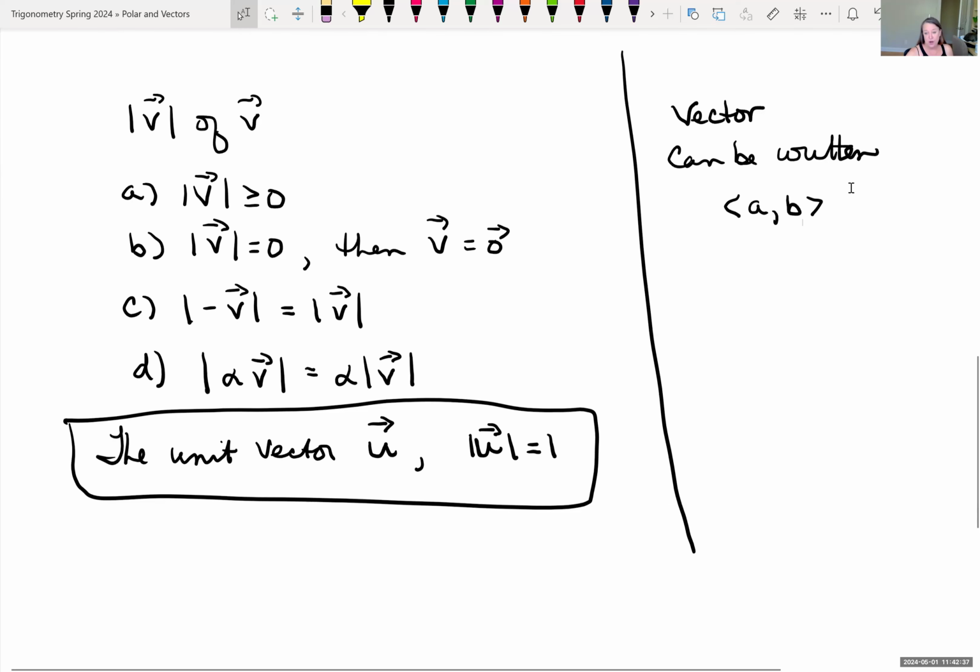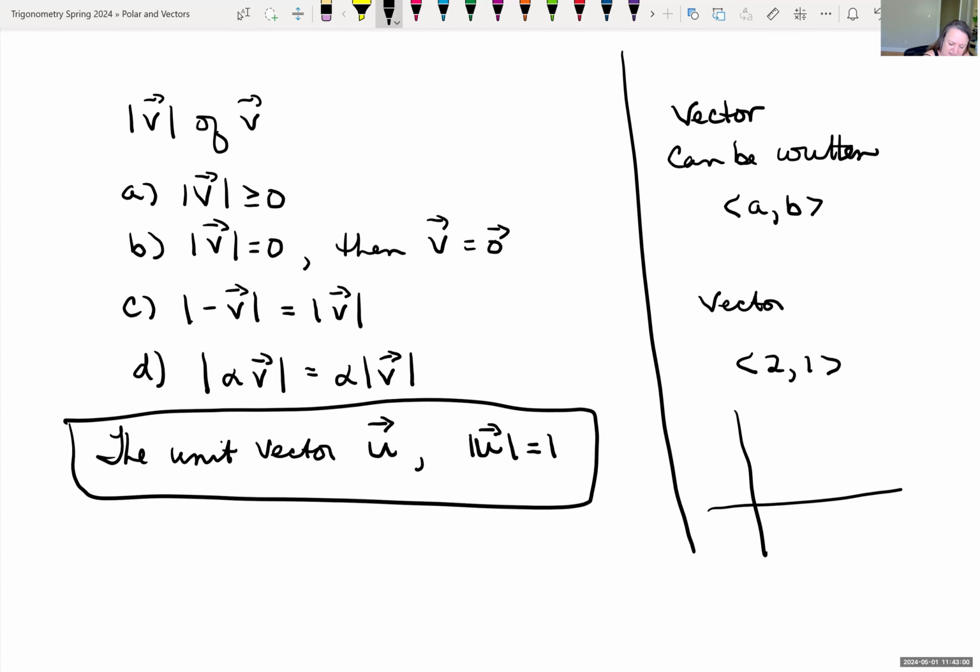Those give us the components of the vector, starting where our tail is at the origin 0, 0. So if I wanted to graph the vector <2, 1>, I'm going to start at the origin, and then go over 2 and up 1. So this would be our vector <2, 1>.